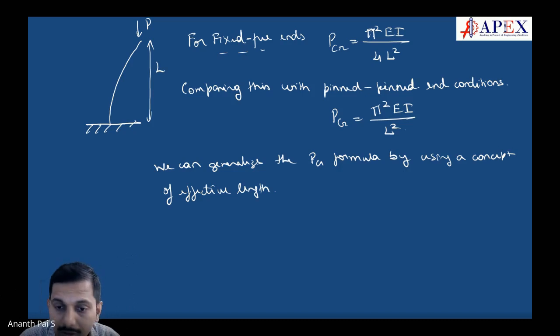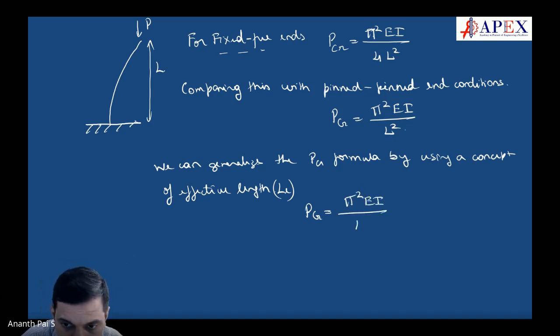P critical is equal to pi square EI by LE square, where LE is the effective length.